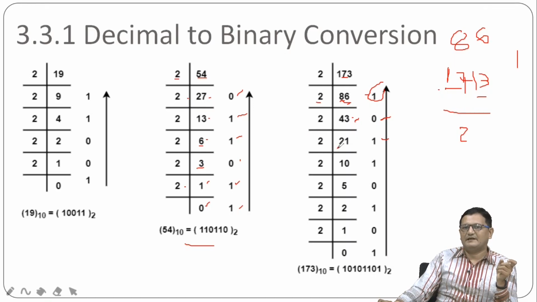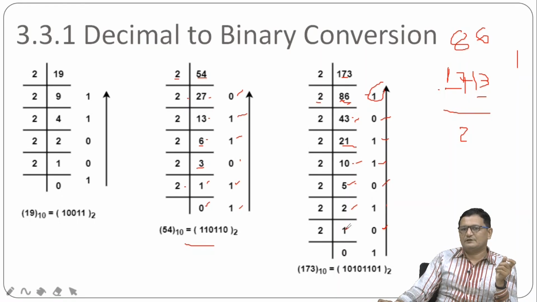Similarly, divide 21 by 2. 10 2s are 20, and we want 21, so 1 is a remainder. 2 5s are 10, because 10 is even, there is no remainder. 2 2s are 4, but the number is 5, so 1 remainder. 2 1s are 2, so there is no remainder.